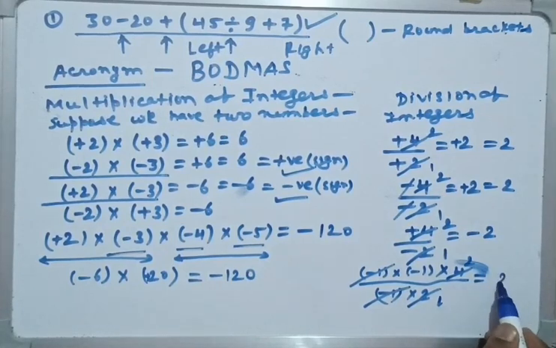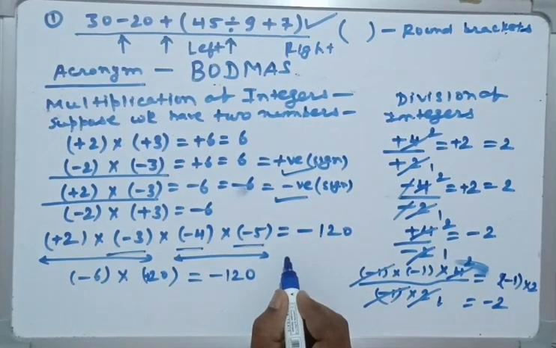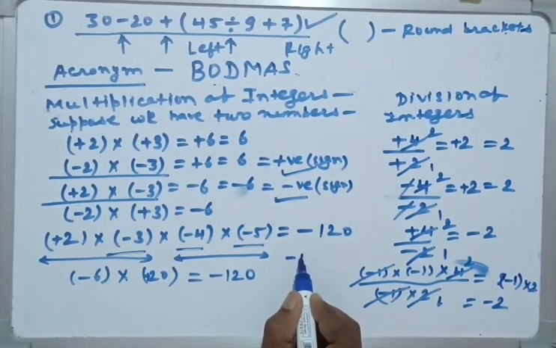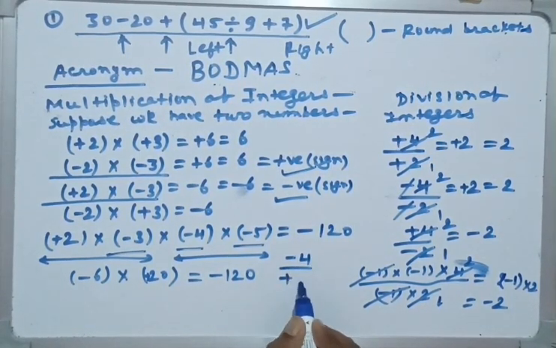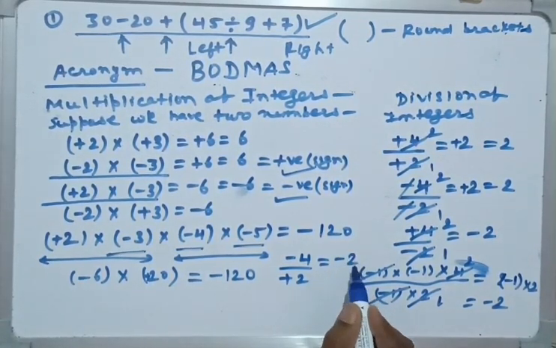So what you see here, only minus 1 into 2 is left, and when you solve this, it is minus 2. So guys, next one is, if the first one is with a negative sign and the second one is positive, then the answer is also with a negative sign.